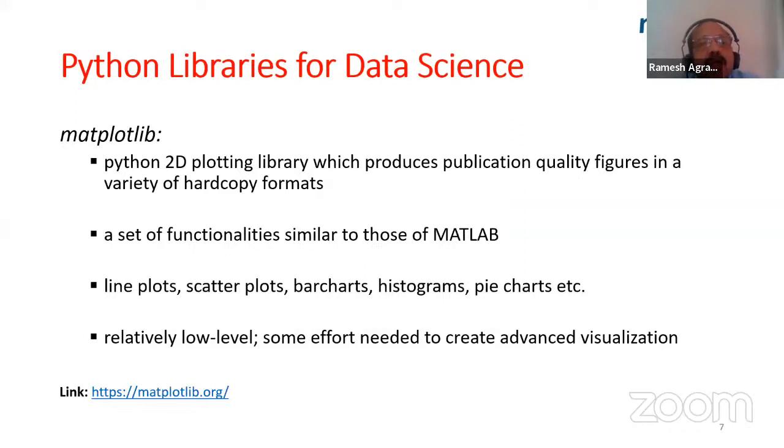Matplotlib provides many functionalities, many libraries, so that its power is very similar to MATLAB, which allows you to reproduce quality figures in a variety of hard copy formats. Using Matplotlib, you will see we can plot line plot, scatter plot, bar chart, histogram, and many more. And this is a relatively low-level programming tool.